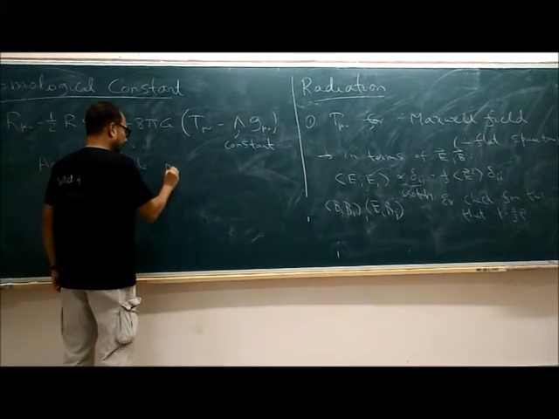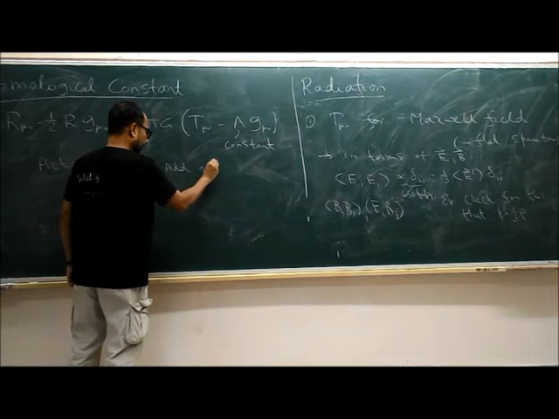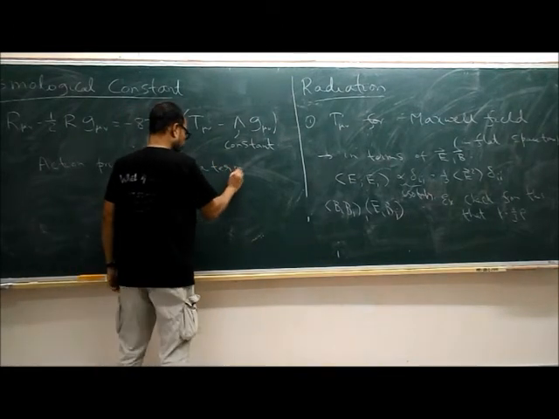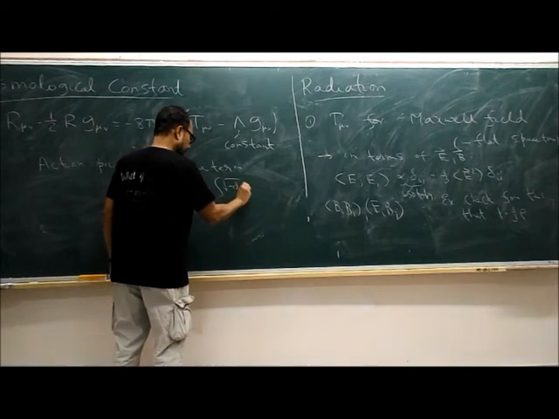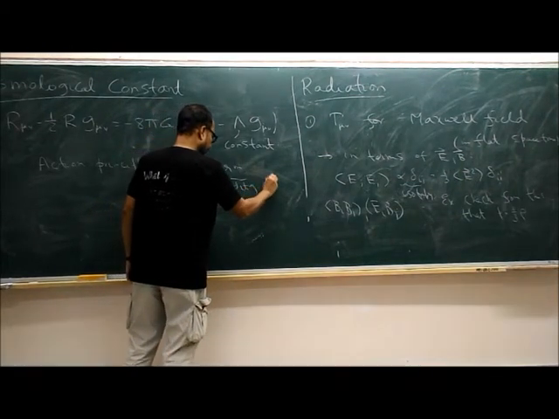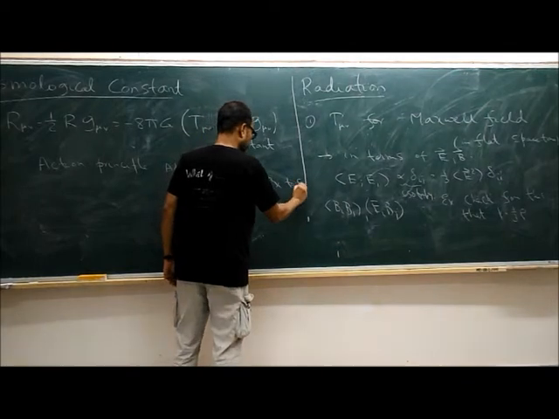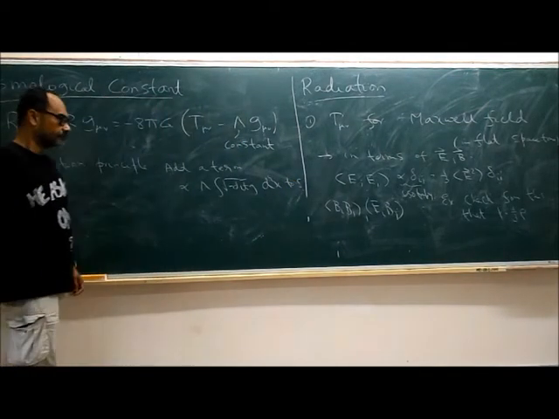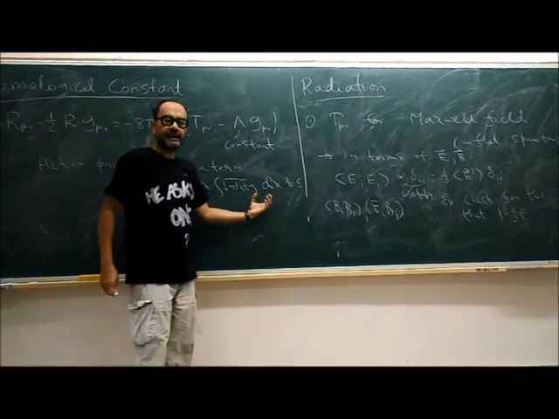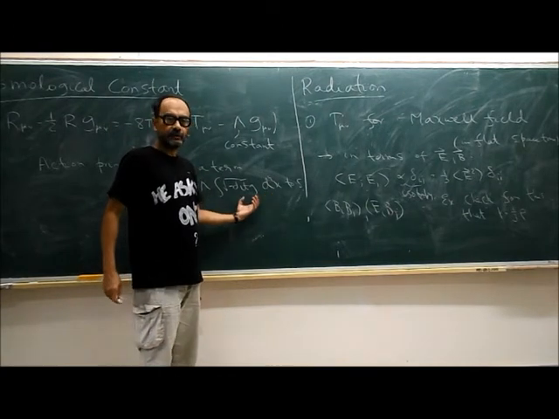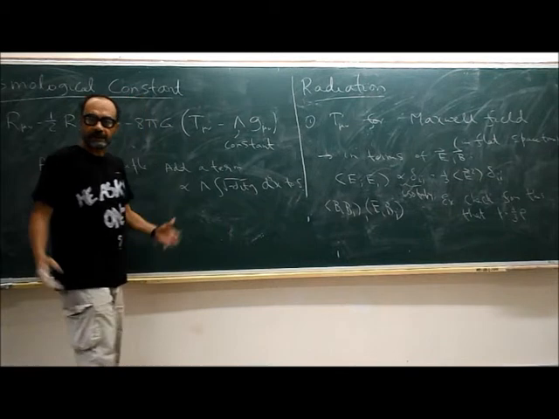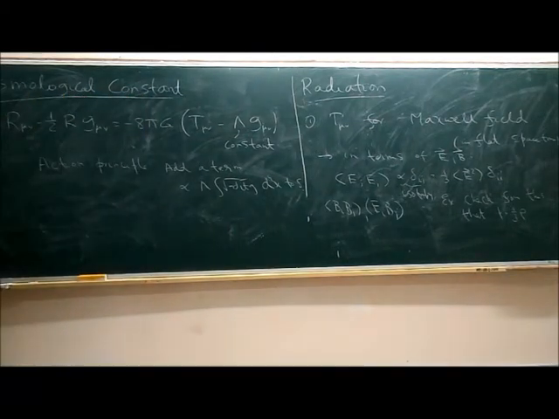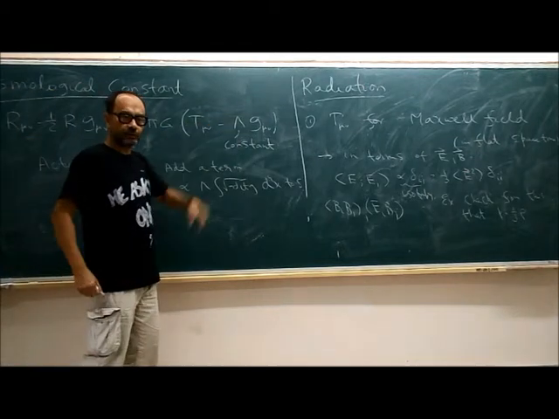All you have to do is add a term proportional to lambda times the integral of square root of minus determinant g, d^4x, to the action. This is a perfectly general invariant term. It's a scalar, so you can add it to the Einstein-Hilbert action, and it gives you this equation of motion.